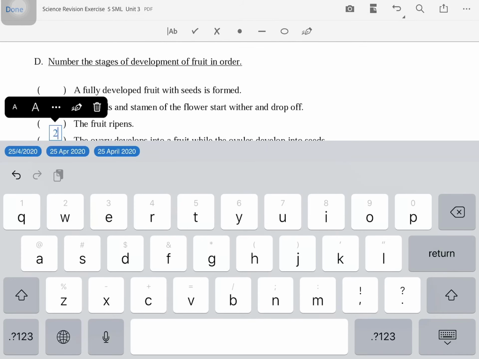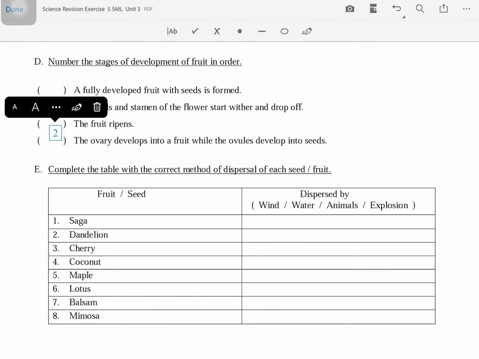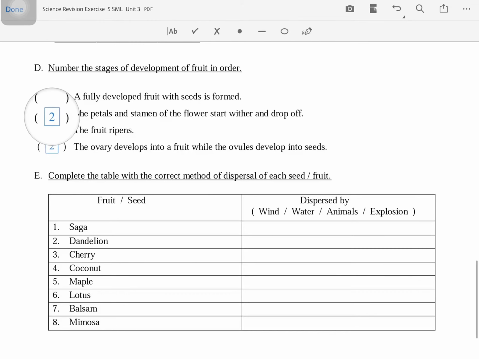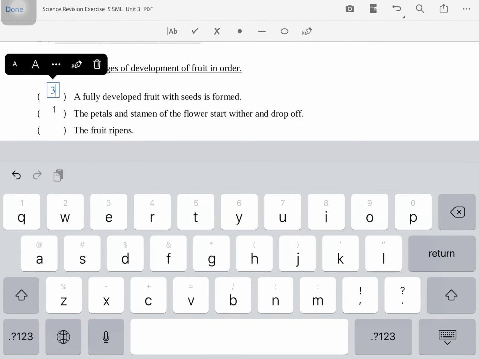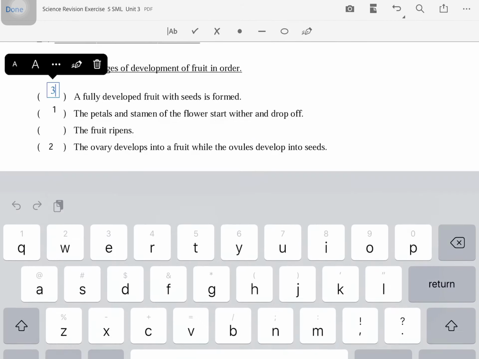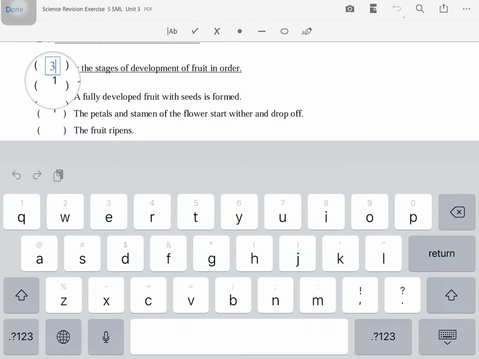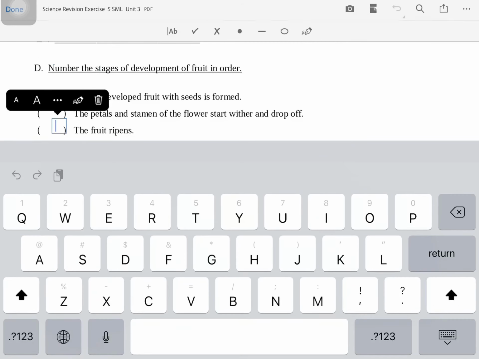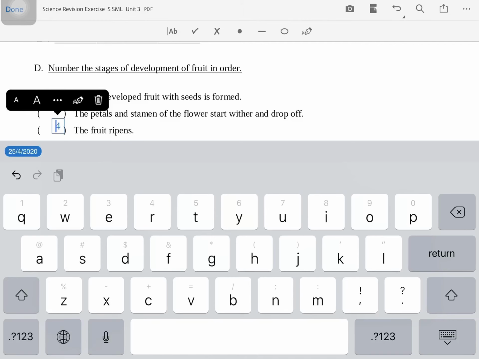Now the ovary will develop into a fruit while the ovule develops into a seed. Then a fully developed fruit with seed is formed. The last step is the fruit ripens.